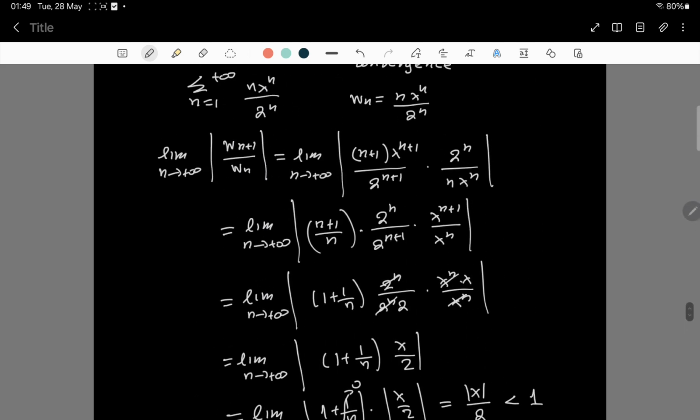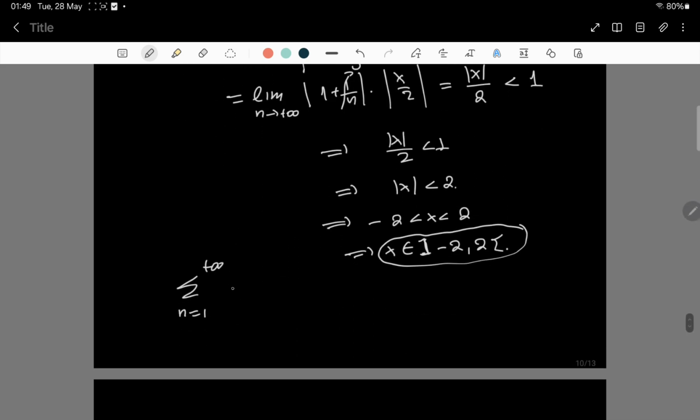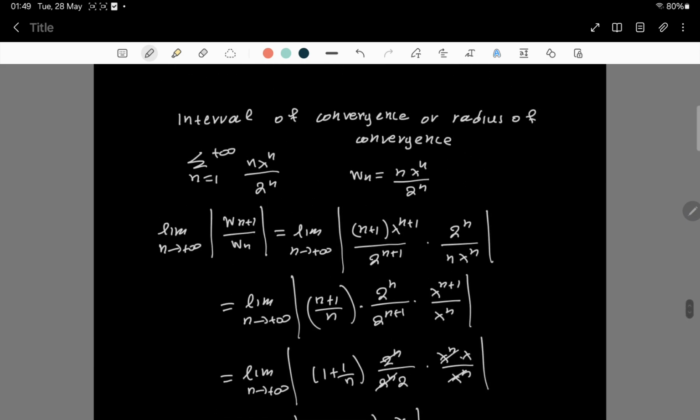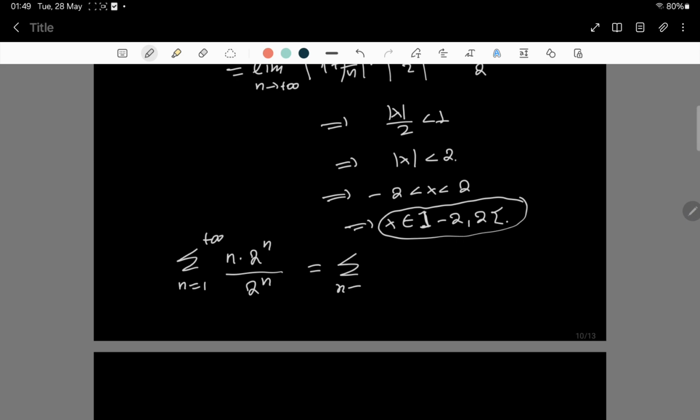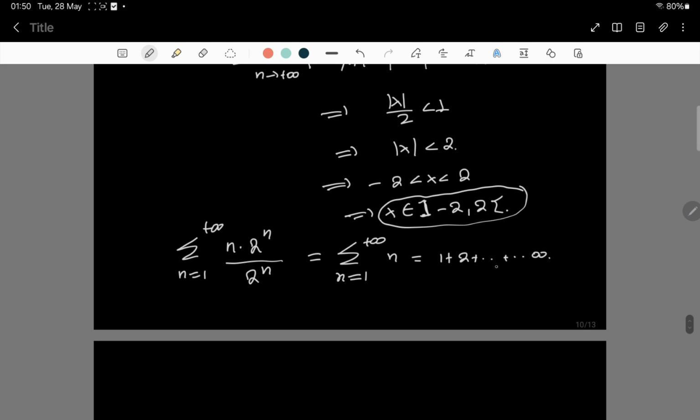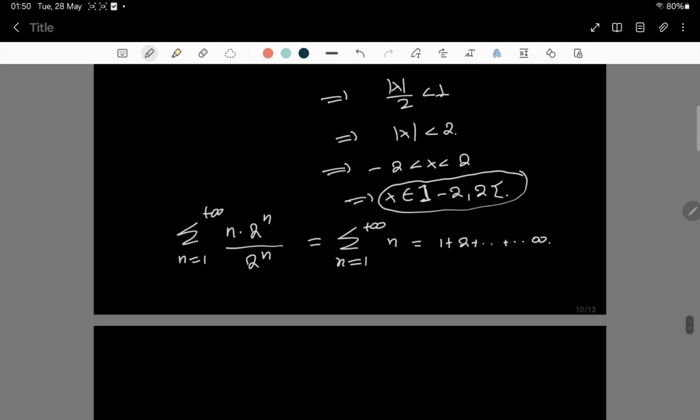So we have n times 2 to the power of n over 2 to the power of n. So I have the sum from n equals 1 to infinity of n, which is adding up 1, 2, 3 to infinity. So the value of 2 does not suit me here.